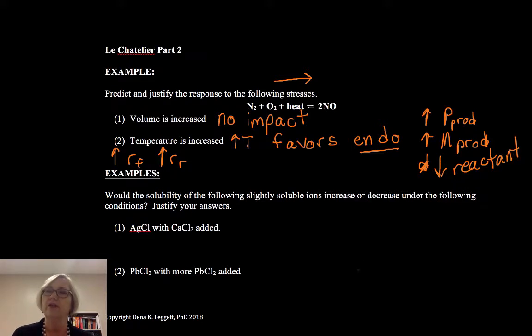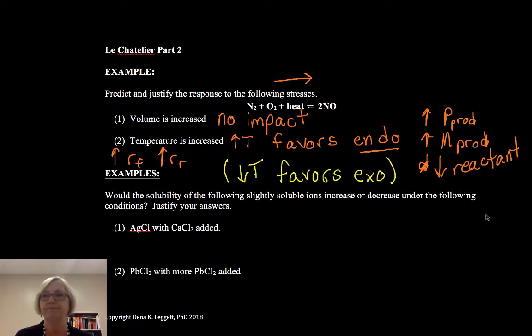So that's how you would evaluate that. An increase in temperature favors the endothermic direction, and a decrease in temperature always favors your exothermic direction. By removing the heat that is formed, you facilitate that exothermic direction.